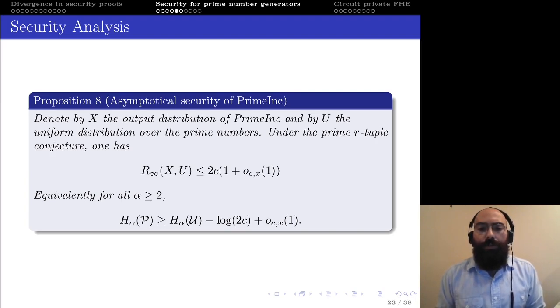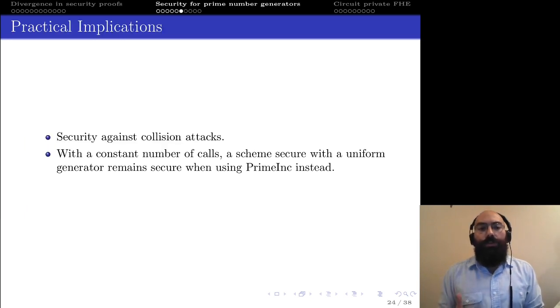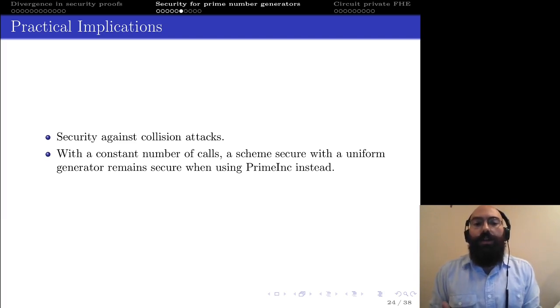And this is also really important because there are two practical implications about this. First one is that you get security against collision attacks because the collision entropy is high enough. And if you have a constant number of calls, then if you have a scheme that is secure with the uniform generator, it will remain secure using PRIMEINC instead.